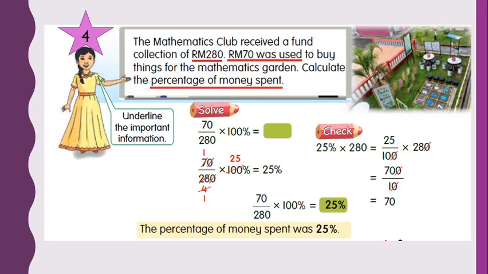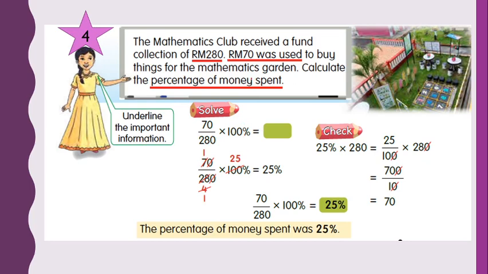Okay, the fourth problem. Okay, the mathematics club received a fund collection of 280 ringgit. 70 ringgit was used to buy things for the mathematics garden. Calculate the percentage of money spent. So we want to find the percentage of money spent. So 70 ringgit was used out of 280 ringgit times by 100%.